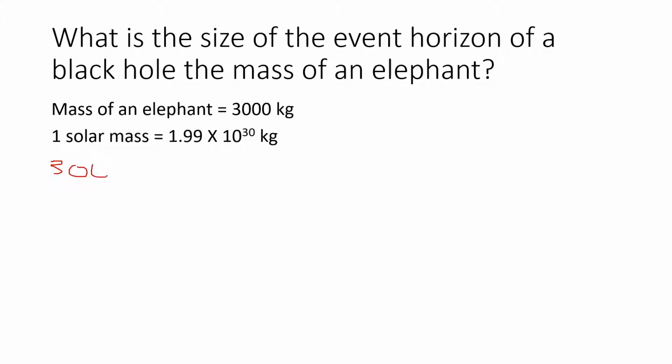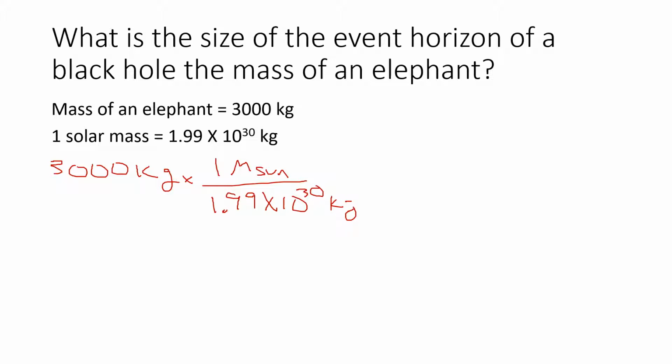So an elephant has a mass of 3,000 kilograms, and we know that one solar mass is 1.99 times 10 to the 30th kilograms. We see here that kilograms is going to cancel, and so our answer is going to come out in solar masses.